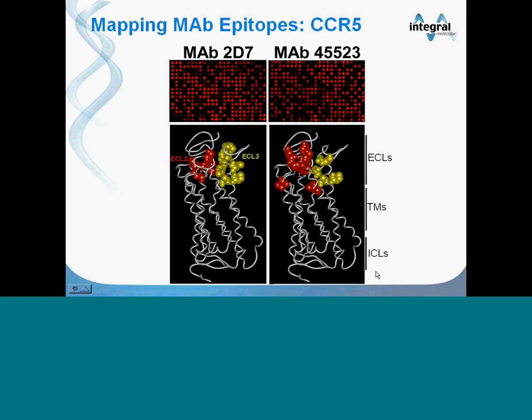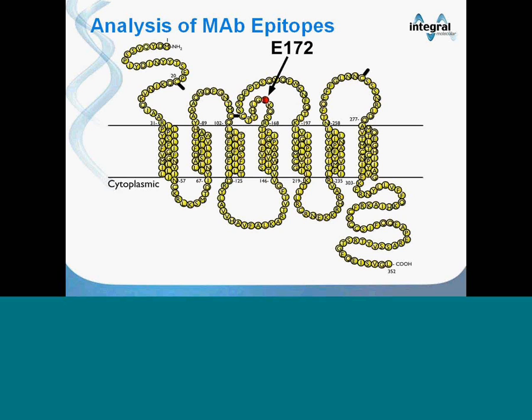On the graph here, this is the wild type, a stop codon, and then the different amino acid changes, all at position 172. As you can see, none of the mutations permitted binding to 45523, which is shown with the blue bars. And only the glutamine mutation permitted binding to 2D7. The 2D7 binding is shown in the red bars, and here's that change to glutamine.